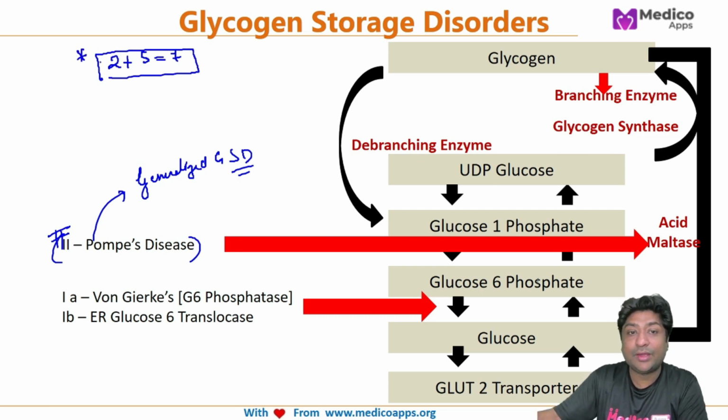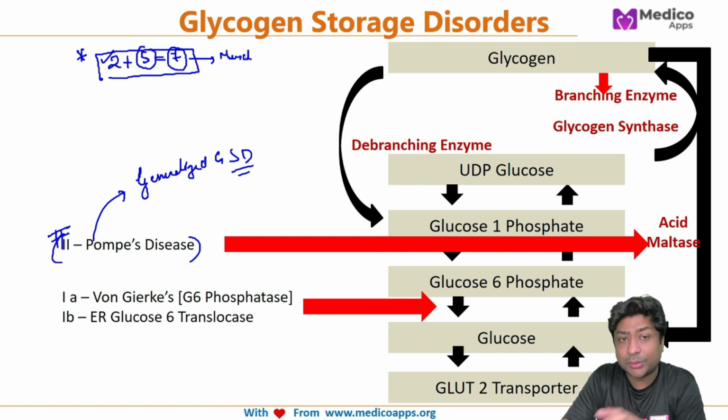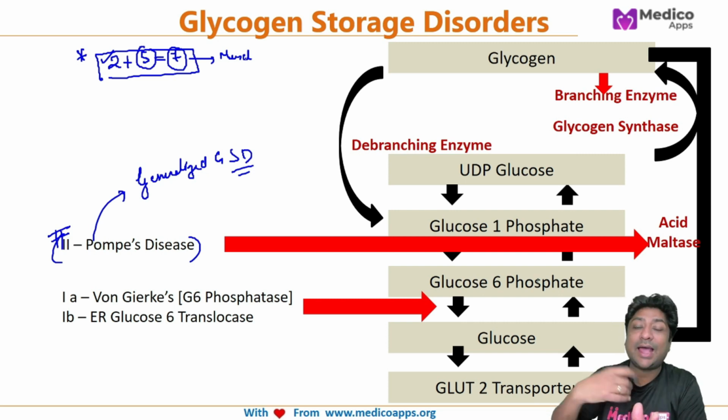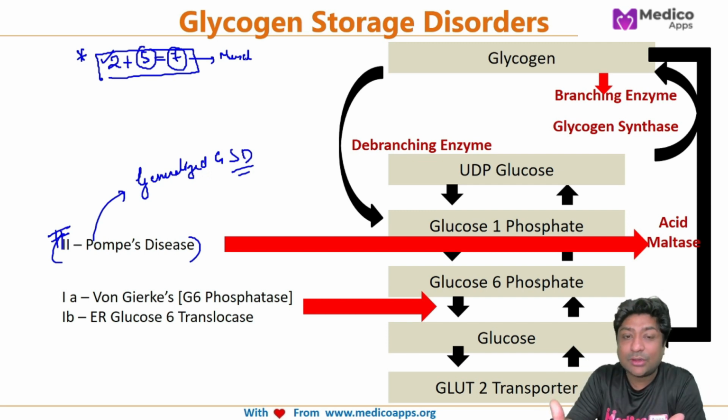The 2 we have seen is generalized, and 5 and 7 are both muscular. When we see muscular glycogen storage disorders, I'll tell you. But remember this code: 2 plus 5 is equal to 7. So 2 is generalized, 5 and 7 are muscular, and all the other glycogen storage disorders are hepatic glycogen storage disorders.